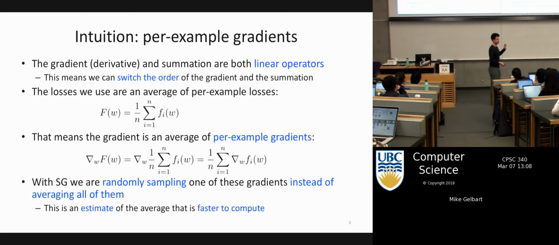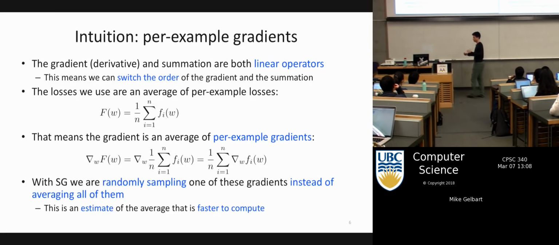The whole course we've been having losses that were of the form sum of some contribution for each training example. Now I'm saying we can have 1 over n. That's the same thing. And we need to talk about what the gradient of that thing is with respect to W. And it's a derivative of a sum of things, and we are allowed to interchange the sum and the derivative operators.